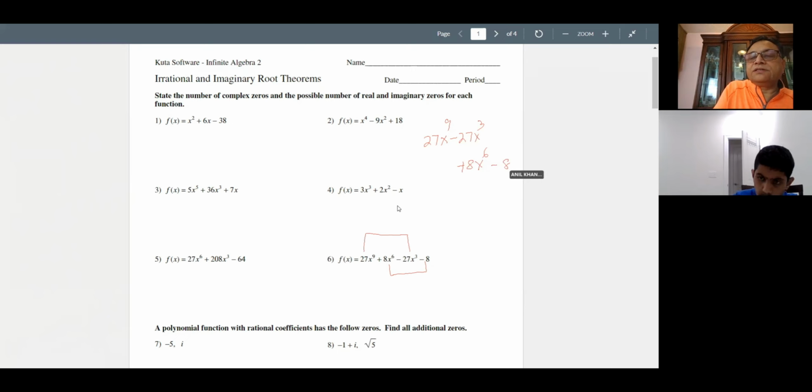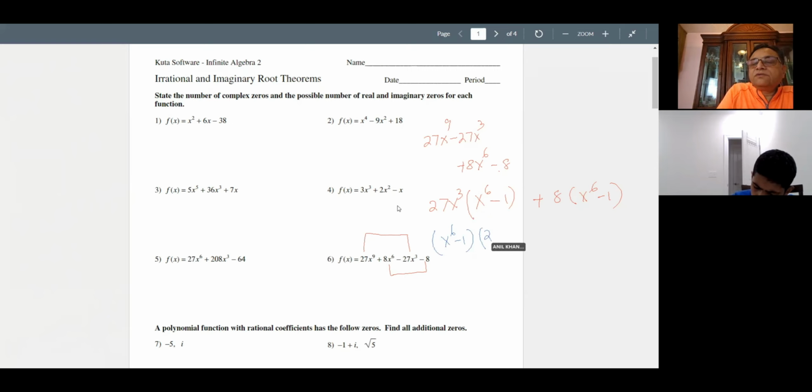When you factor, 27x cubed is common, you get x to the power of 6 minus 1. The other factor is 8 common, x to the power of 6 minus 1 is the common factor. Now you can take x to the power of 6 minus 1 as a common factor.